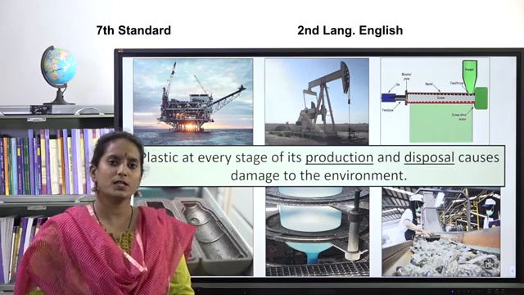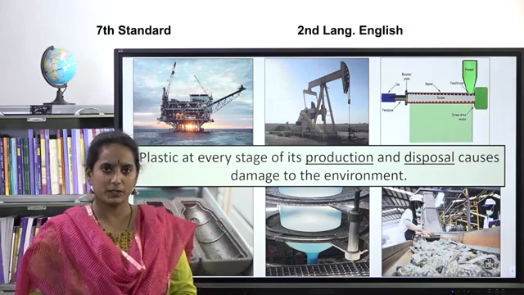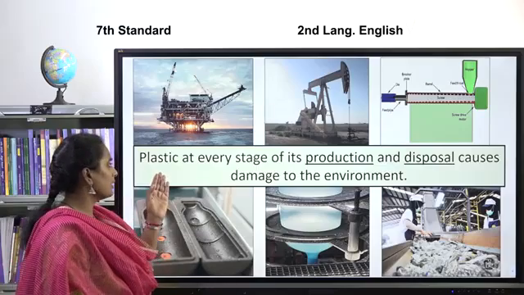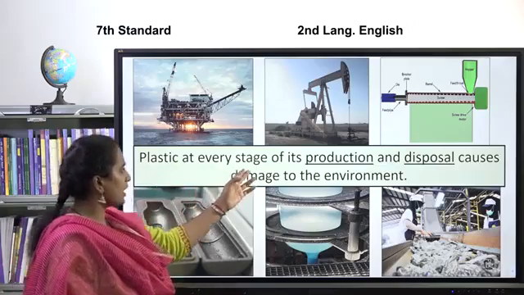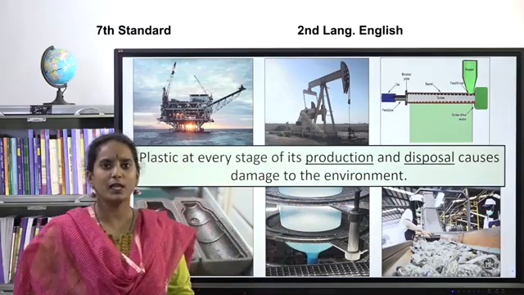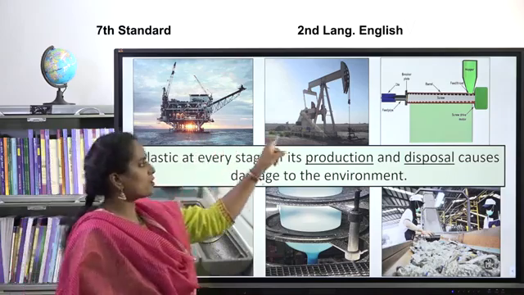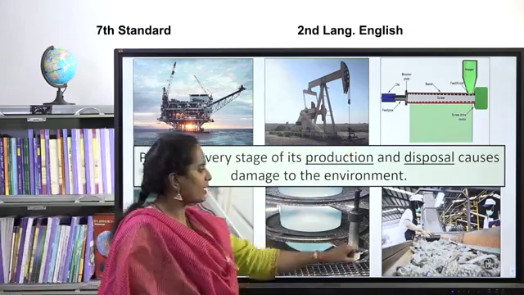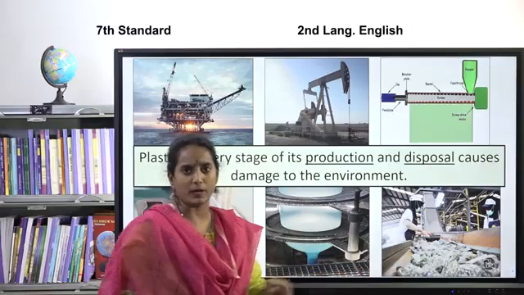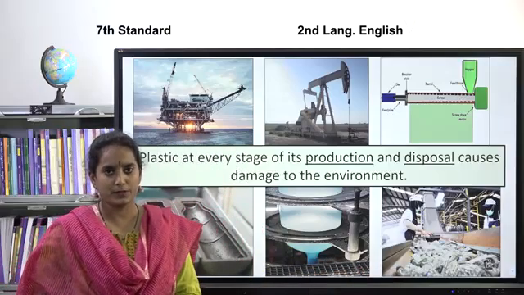So due to this, there are a lot of problems caused to the environment. And as you can see here, plastic at every stage of its production and disposal causes damage to the environment. It means that at every stage of its production as well as at disposal of plastic, it leads to a lot of serious problems.